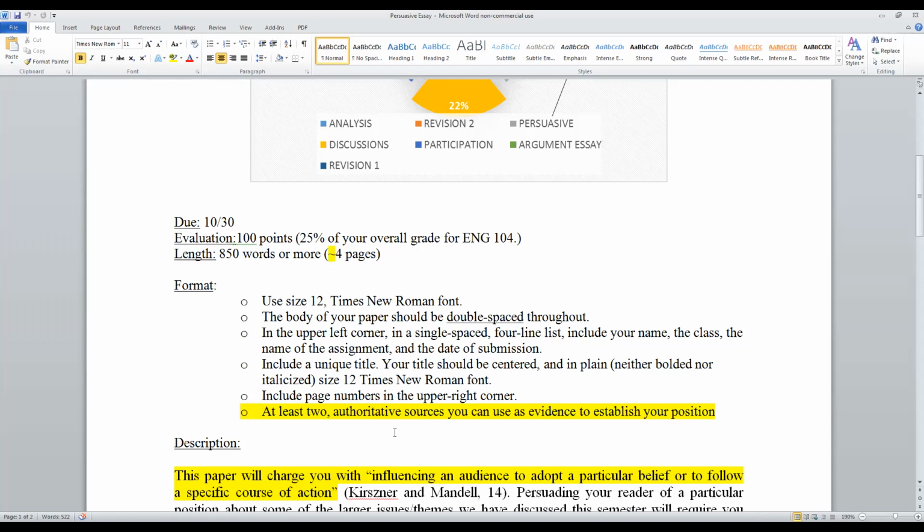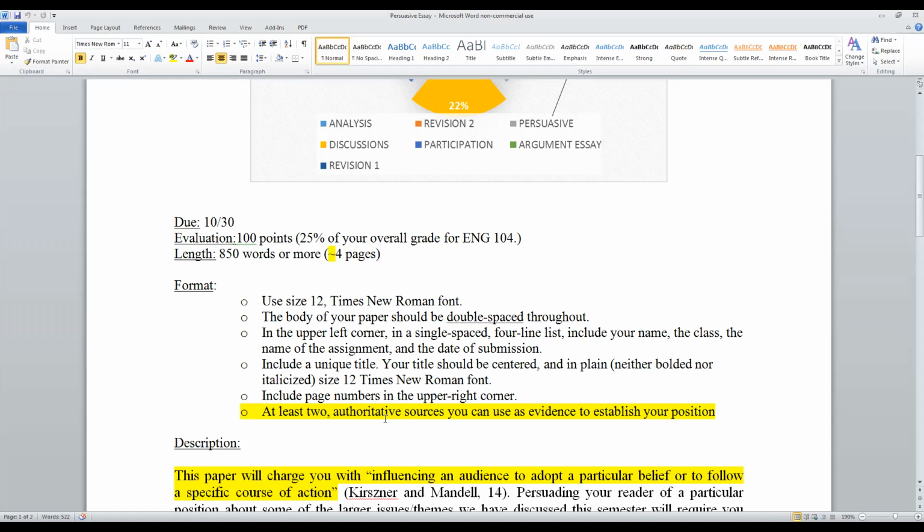You do need to maintain the same format as for the ad analysis, but this time you should arrive at 2 authoritative sources that you can use to establish your position. Now, why 2?